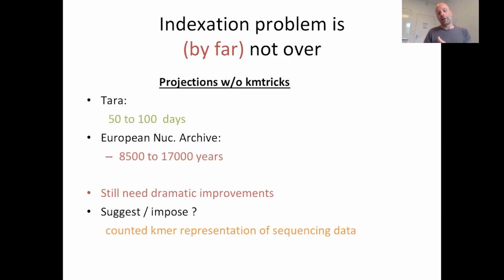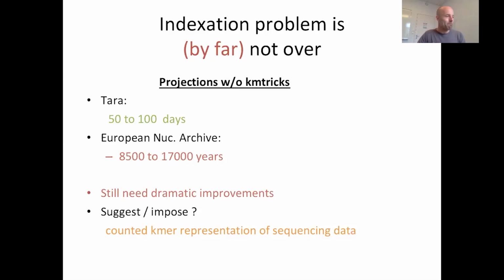So we still need dramatic improvements. This is good to divide the indexation time by 2, but we would need to divide it by 1,000 if we like to really be able to access the dream of being able to query those sequences.